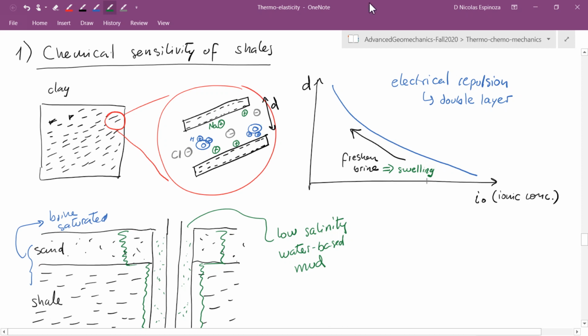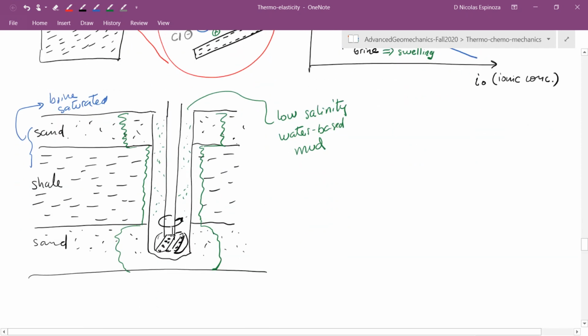And this process is going to cause additional hoop stresses in the case in which the rock is not allowed to expand in the tangential direction. And this is actually the case over here, right?